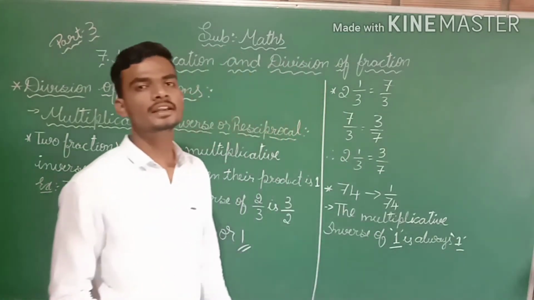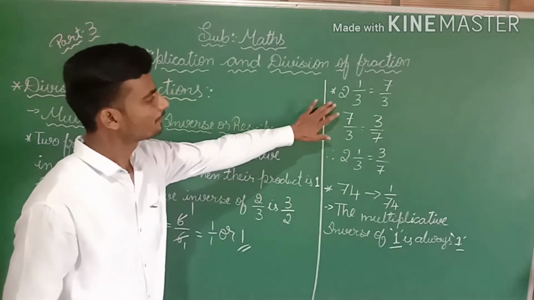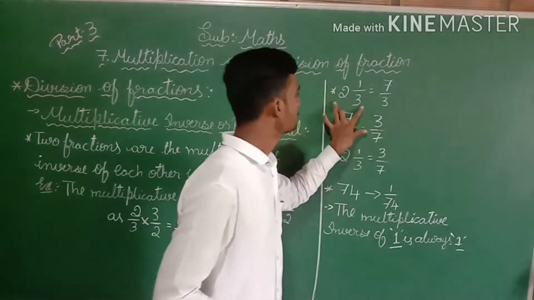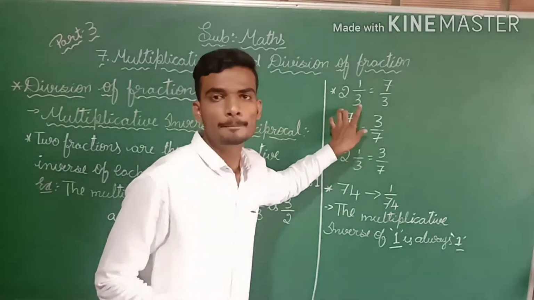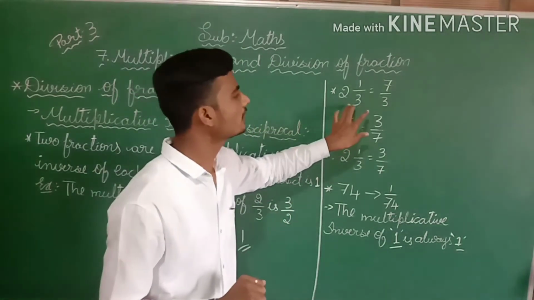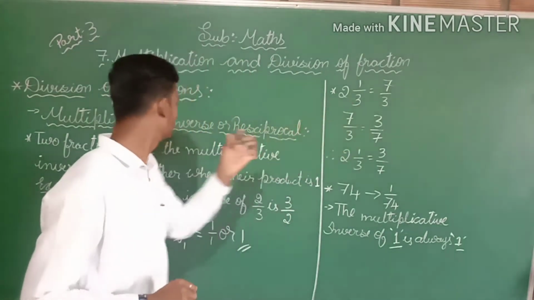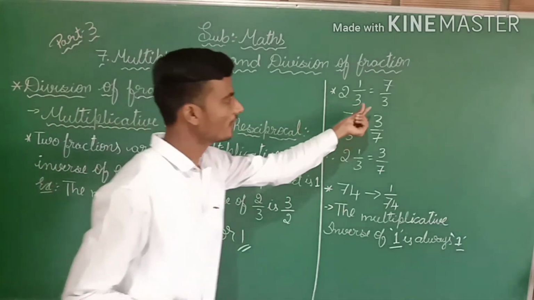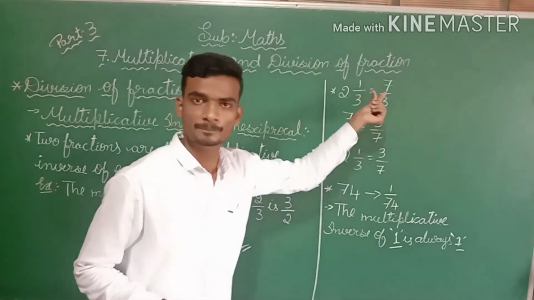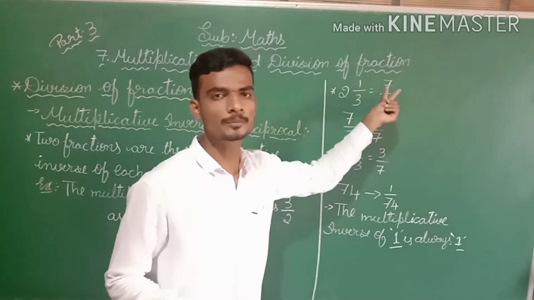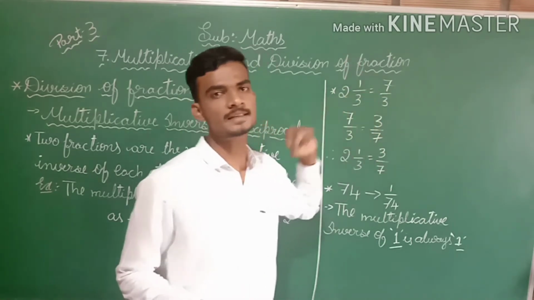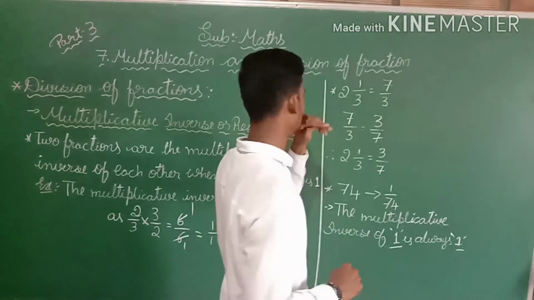the numerator and denominator. See here, if the fraction is a mixed fraction, how will you convert these mixed fractions into an improper fraction? Then for the improper fraction, you have to take the reciprocal of that fraction.